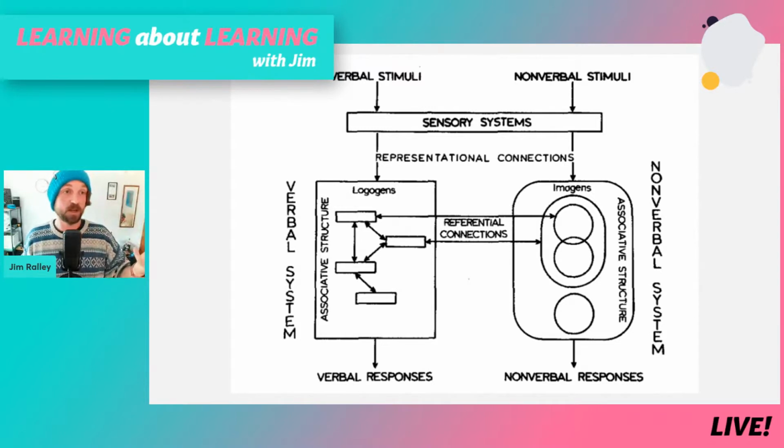Those verbal stimuli are processed by your verbal processing system in your brain into what he calls logogens, and then the non-verbal stimuli are processed in the non-verbal system into imagens. But the non-verbal stimuli don't have to just be images. They can also be sounds, emotions, actions, tastes, smells, touch.